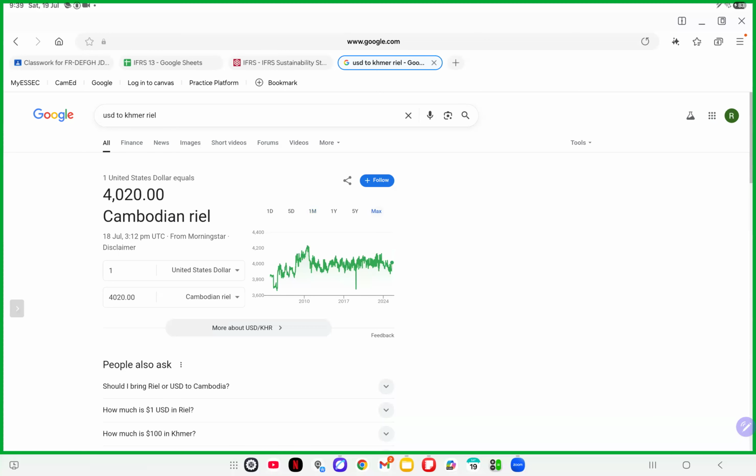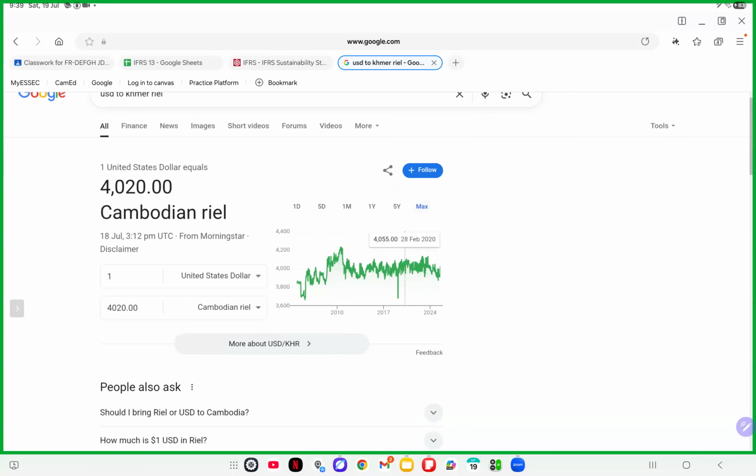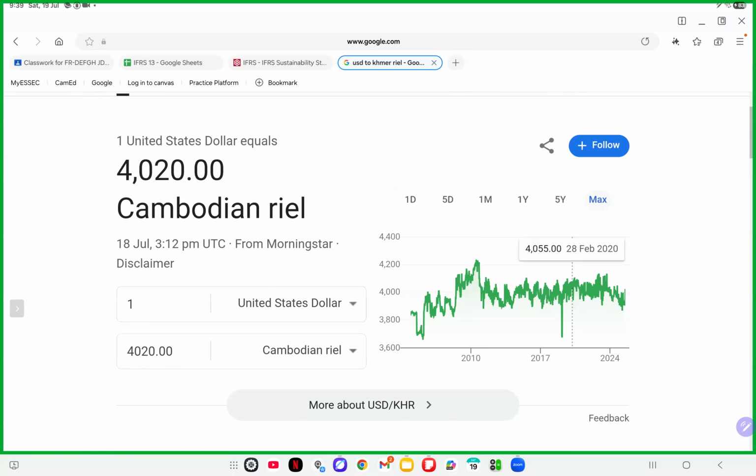It fluctuates. Sometimes a little bit higher, like 4,002, sometimes a little bit lower. It is not exactly 4,000, right? But do we care? No. Companies, shops, 7-Eleven, convenience shops, your noodle store, they always take 4,000 to $1.